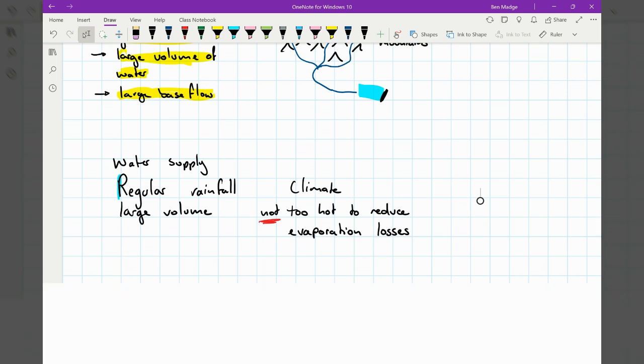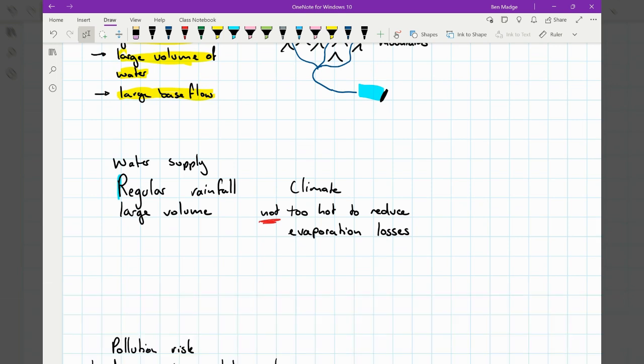The next one then is a water supply. So you need regular rainfall and a large enough volume of rainfall. And the other thing that this is linked to is the climate as well, because we don't want it too hot because this will result in evaporation. So we want it not too hot to reduce evaporation losses.